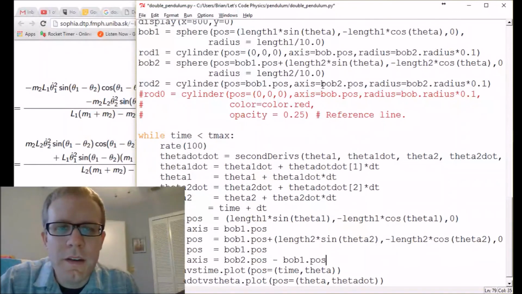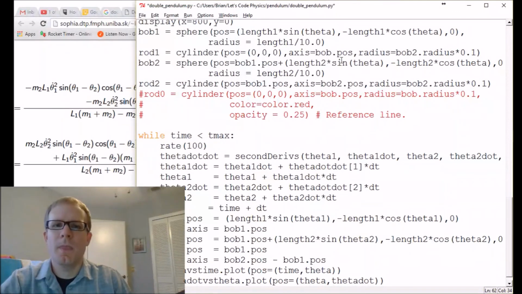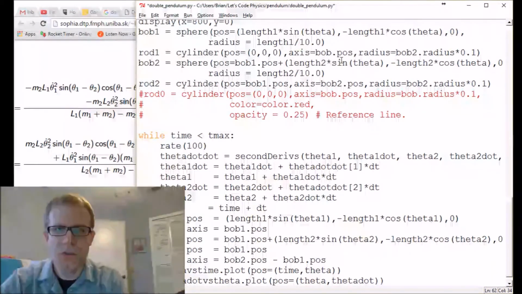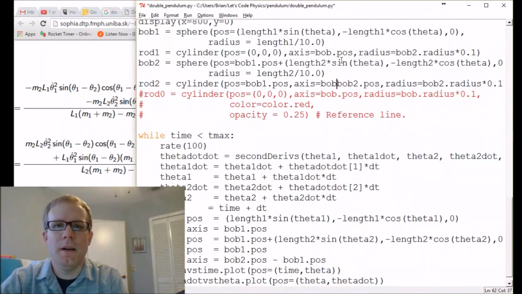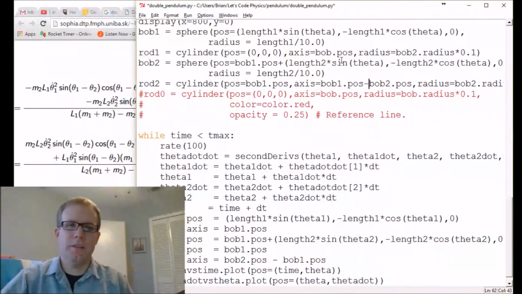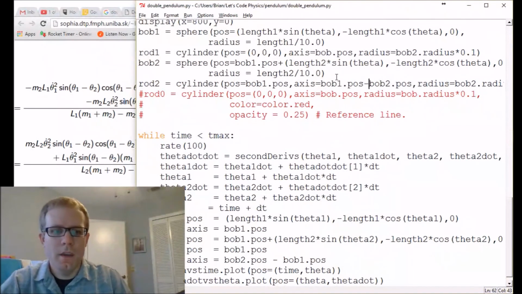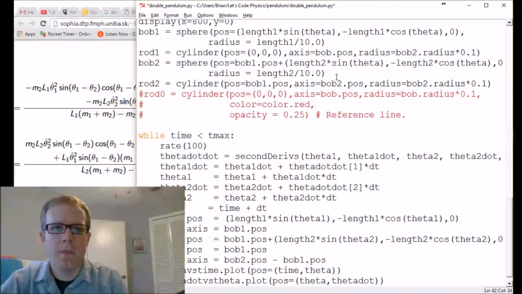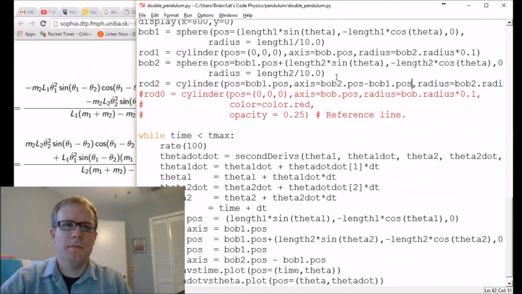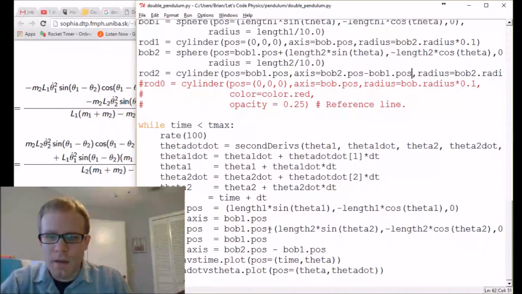And I think I need to fix that up here as well. Yes, I do. So this needs to be Bob 1 dot pos minus this. That was the relative vector between them. Other way. 2 minus 1, 1 dot pos. Cool.